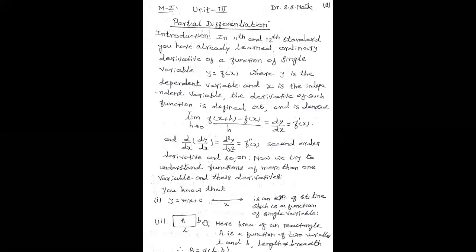So to find the area, you first have to find the length and breadth. If you substitute values of length and breadth, then you get this A as a function of two variables, length and breadth.